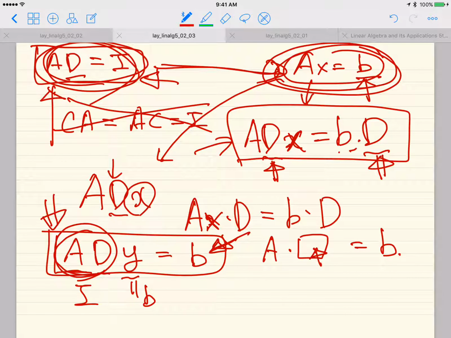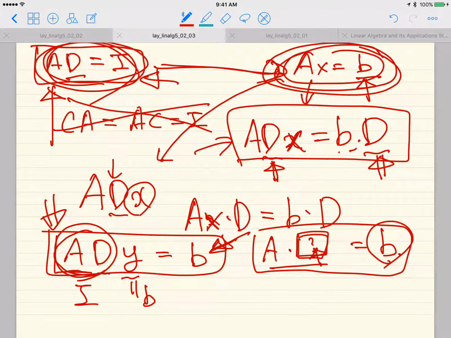So in this case, it's time to just refresh our focus. So in this situation where A is multiplied by some square, I mean not an identity matrix or anything, it's just a kind of question mark or some placeholder, and that is the same as b.